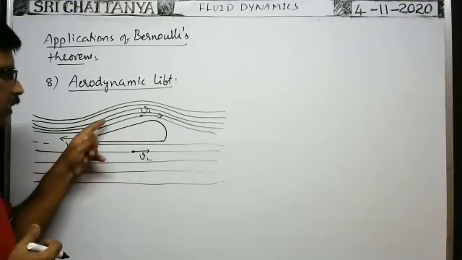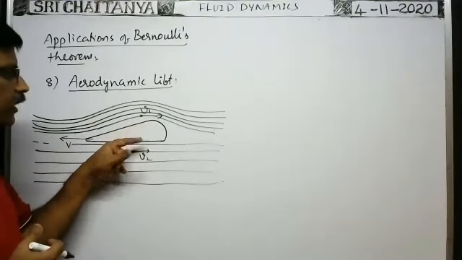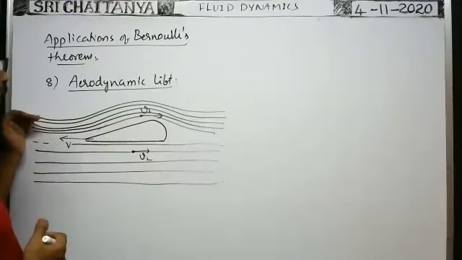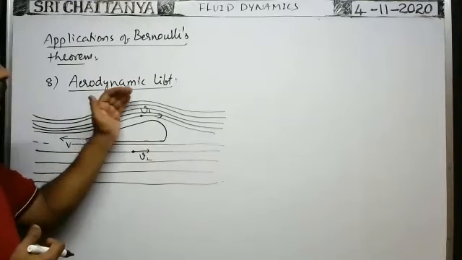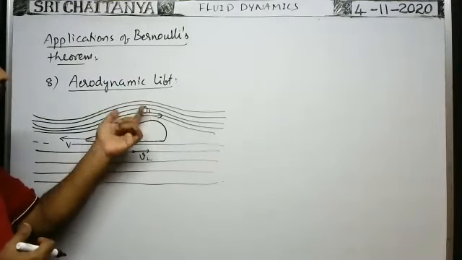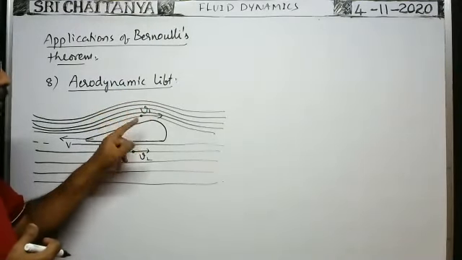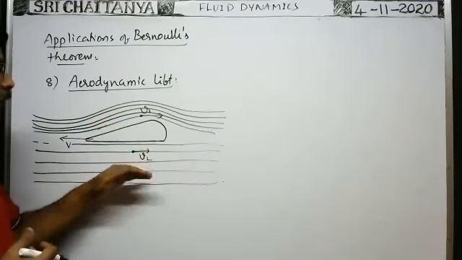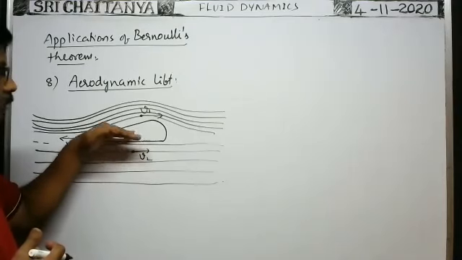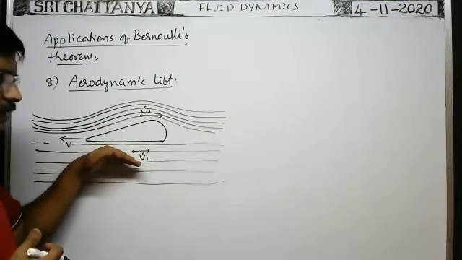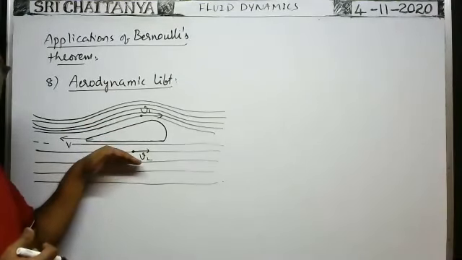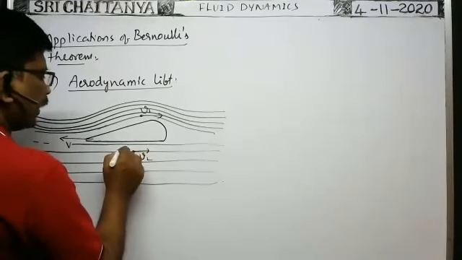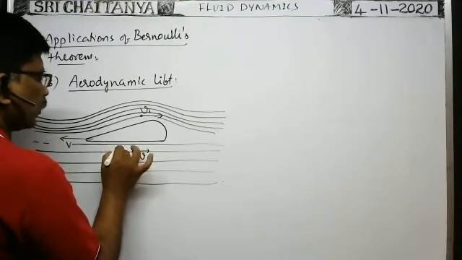But because of the special shape designed at the top, the velocity of the air particles over the surface of the wing becomes increased. Due to that, the velocity of the air particles above the surface of the wing is v1, and below the surface is v2. Whenever the velocity of the air particles at the bottom of the wing is less, then pressure energy is more. That's why the pressure at the bottom of the wing is more.